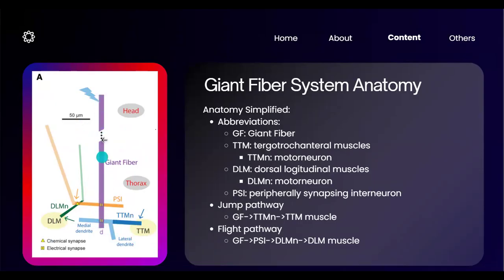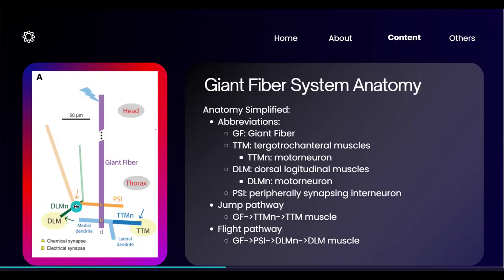So we have the giant fiber here, and that's abbreviated as GF. And then we have the tergotrochanteral muscle, the TTM, tongue twister, and we have that shown in blue down here. And then we have the DLM, the dorsal longitudinal muscles, depicted here. And then we also have the PSI, which is the peripheral synapsing interneuron.